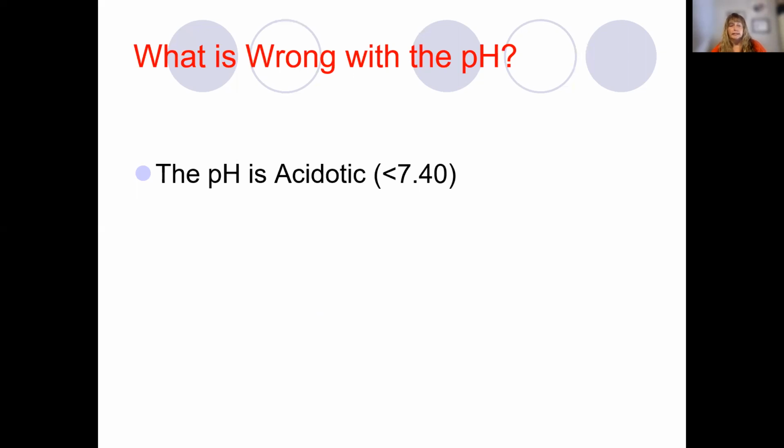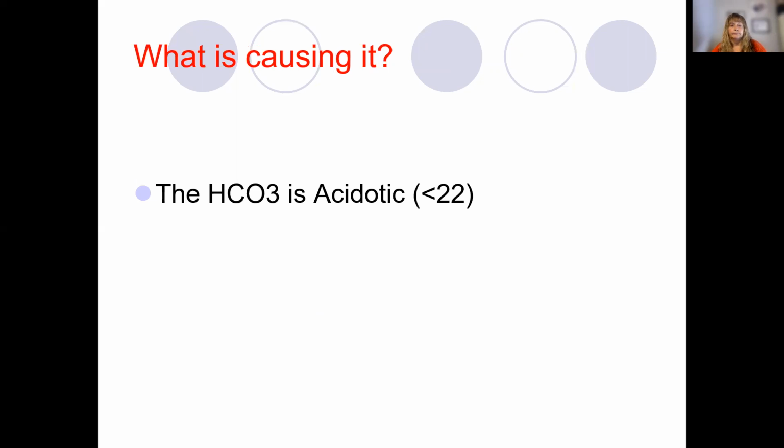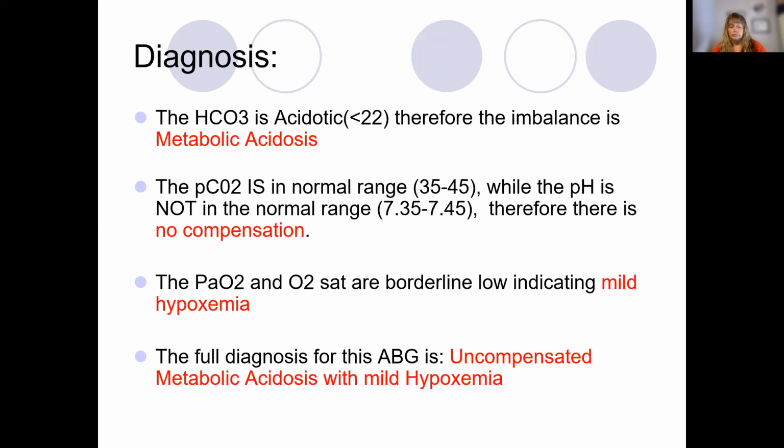So what is causing it? The bicarbonate is acidotic because it is less than 22. Therefore, the imbalance is a metabolic acidosis.